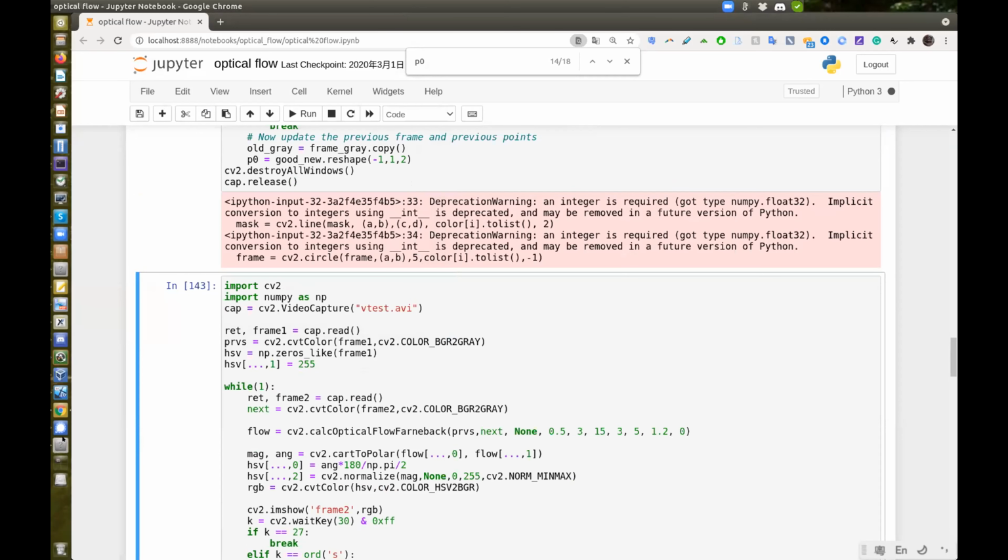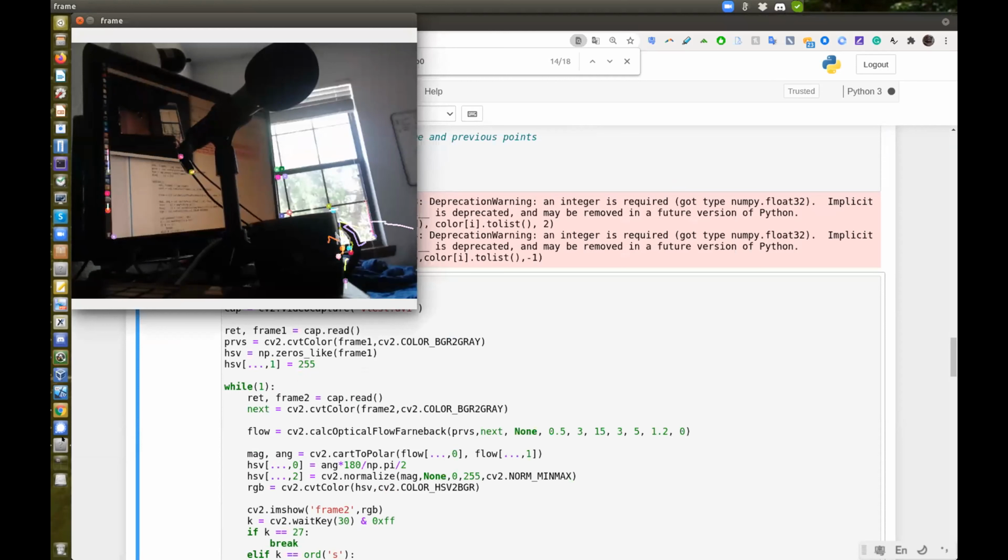Something interesting is if I play with the points here. Let's say I try to move this purple point here.